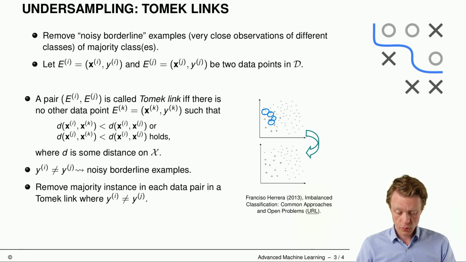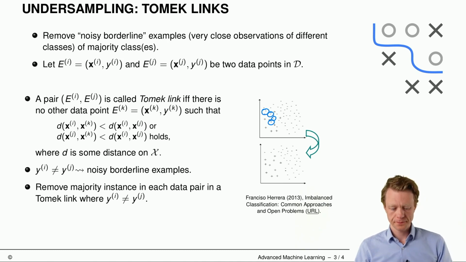Okay, so this is because apparently those are Tomek links or are parts of Tomek links, where the true classes of the two observations of the pair haven't been the same, and then we removed the majority class, because the negative class is here the majority class.